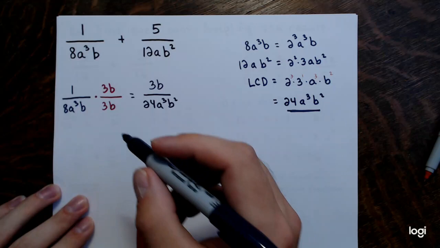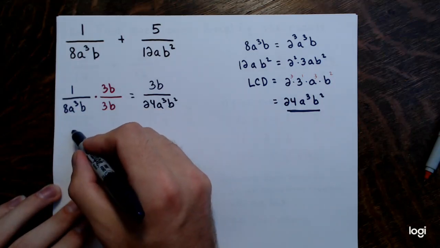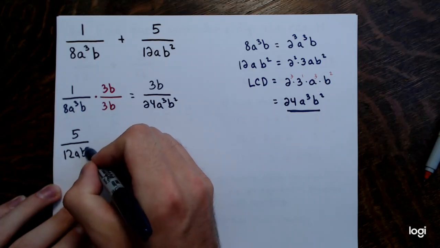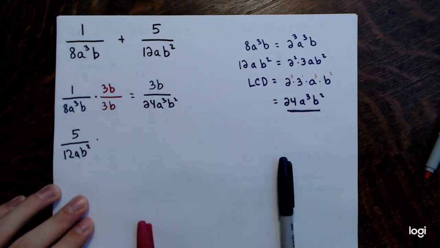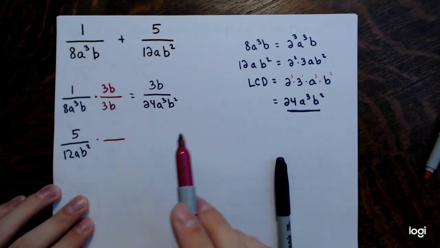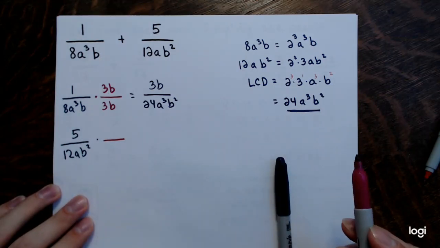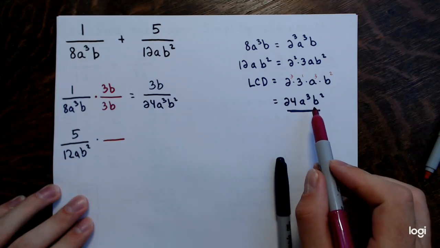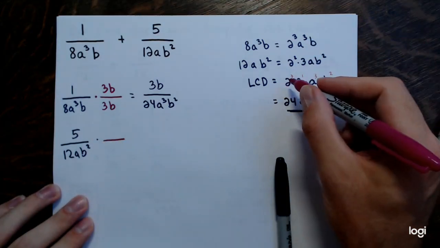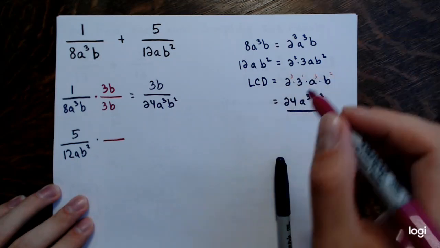All right, and then the other fraction, 5 divided by 12ab squared. And I'm going to multiply the numerator and denominator by the same thing to change the denominator to 24a cubed b squared. So that would be, again, look at what's missing in these two here. What does the LCD have that 12ab squared doesn't?